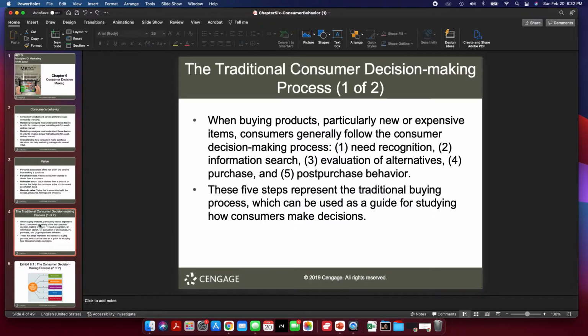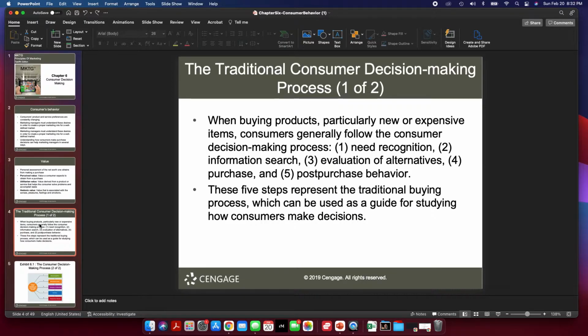So these are three value models that I want you to understand and I want you to try to remember. So when we go through the consumer decision process, right, we're going to run through it. There are 5 steps, right? There's need recognition, information search, evaluation of alternatives, purchasing the product or service, and the post-purchase behavior.